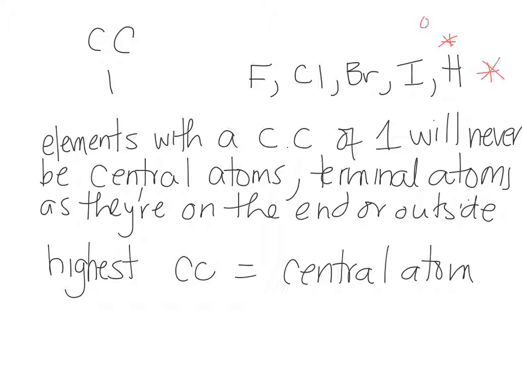Hydrogen only wants 2 electrons total. It only wants 2 electrons total. All the others with a combining capacity of 1 will be surrounded by 8 electrons. Hydrogen will only have 2.